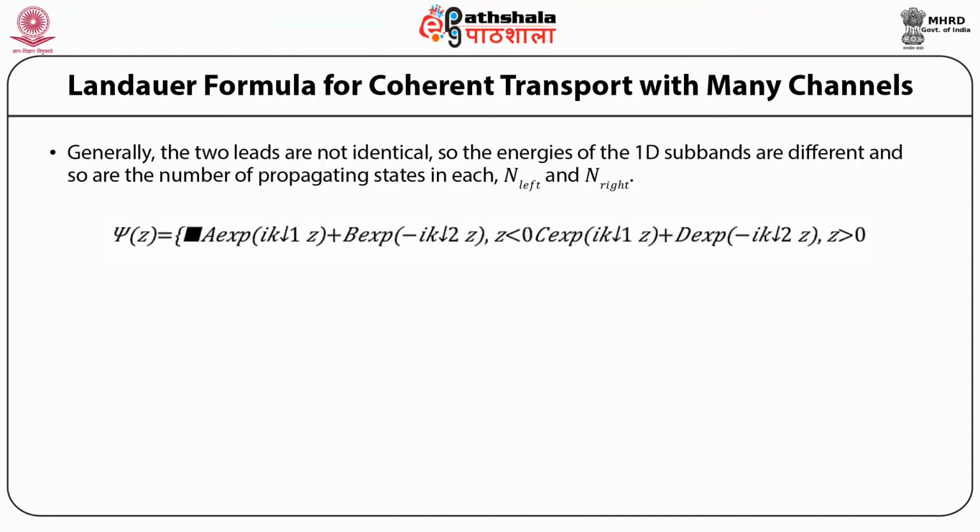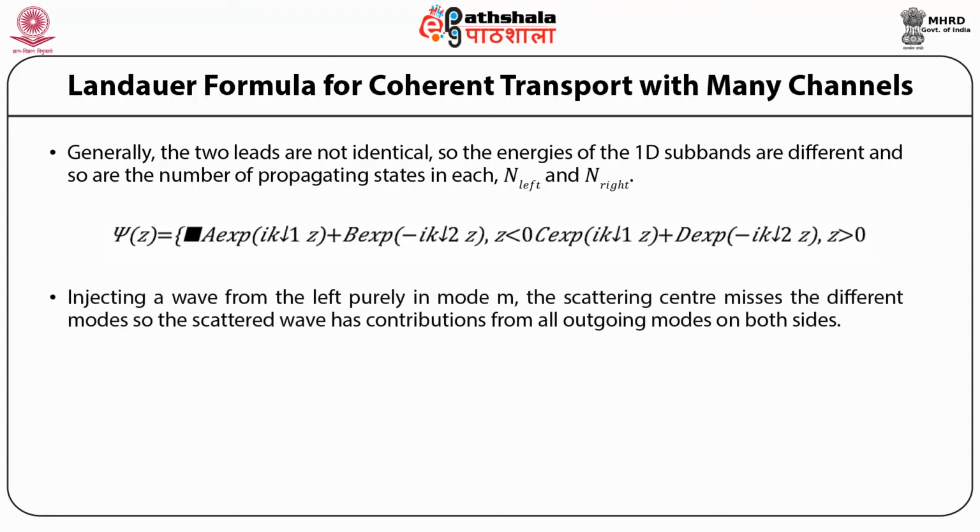So the energies of the 1D subbands, and so the number of propagating states, differ in the left and right leads. So psi(z) is written as a exp(ik1z) plus b exp(-ik2z) for z less than 0, and it is equal to c exp(ik1z) plus d exp(-ik2z) for z greater than 0.